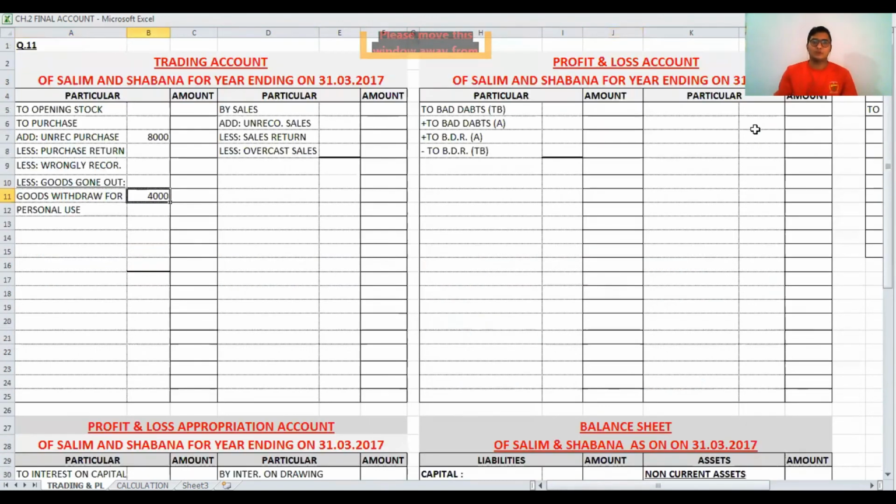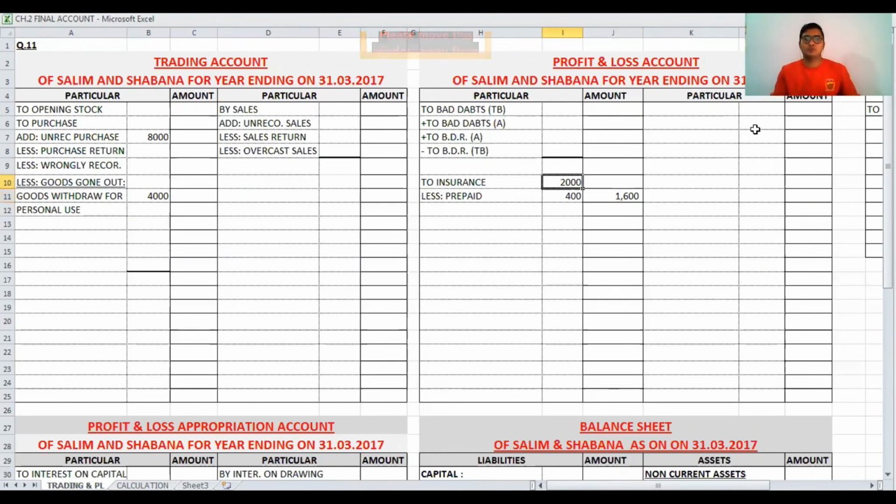For prepaid insurance, in the profit and loss account we have to write insurance and deduct the prepaid amount. The prepaid insurance amount is 400, and the insurance amount given is 2,000. So from 2,000 we have to deduct 400, and the difference is 1,600. Once again, the insurance premium that is prepaid is 400.